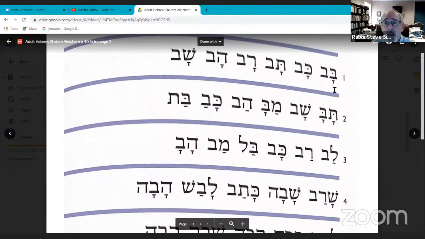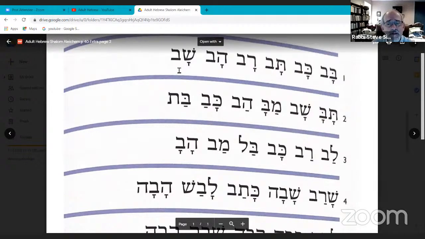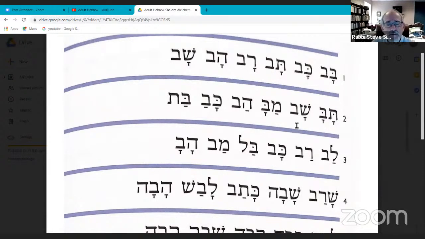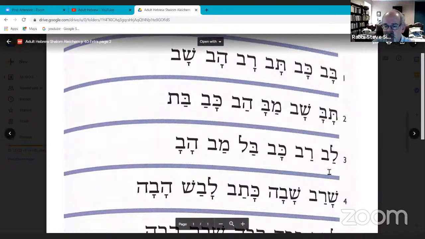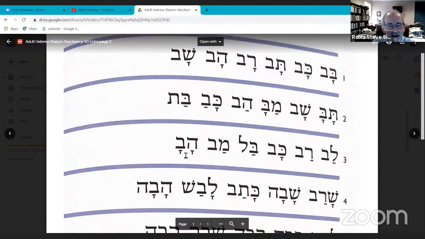Line 1: bav, skip, tav, rav, hav, shav. Line 2: taba, shav, maba, hav, skip, bat. Line 3: lav, rav, skip, bal, mav, hava.